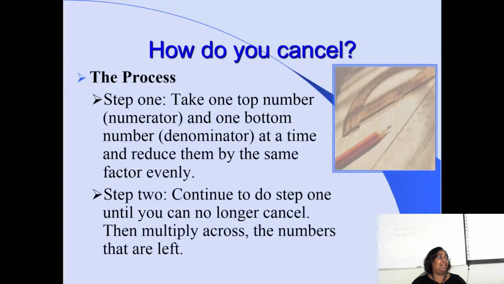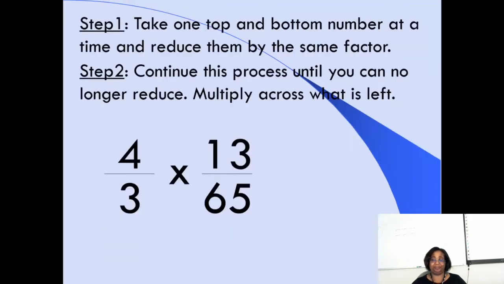Yesterday I gave you a big clue, or a big strategy, to stop yourself in your reducing. What was that little phrase I told you guys? When I only have the factor of 1 that goes into both the top and the bottom, I'm done. That's how you know you're finished. So you keep that strategy in mind.